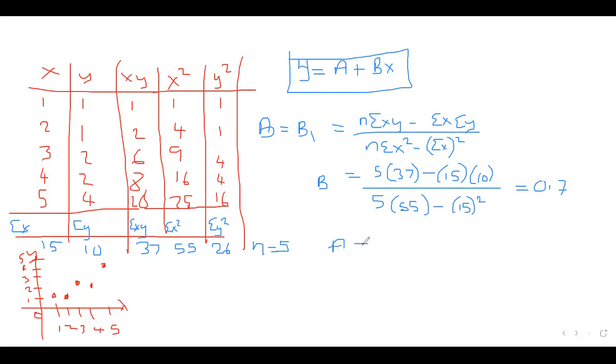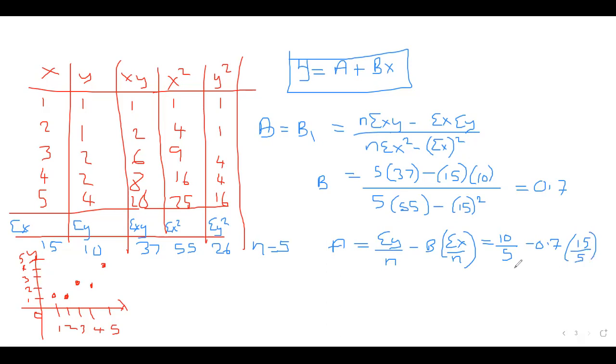Our a is given by this formula. We see that a has a b part. So where there is b, we put 0.7. Then substitute those figures there.